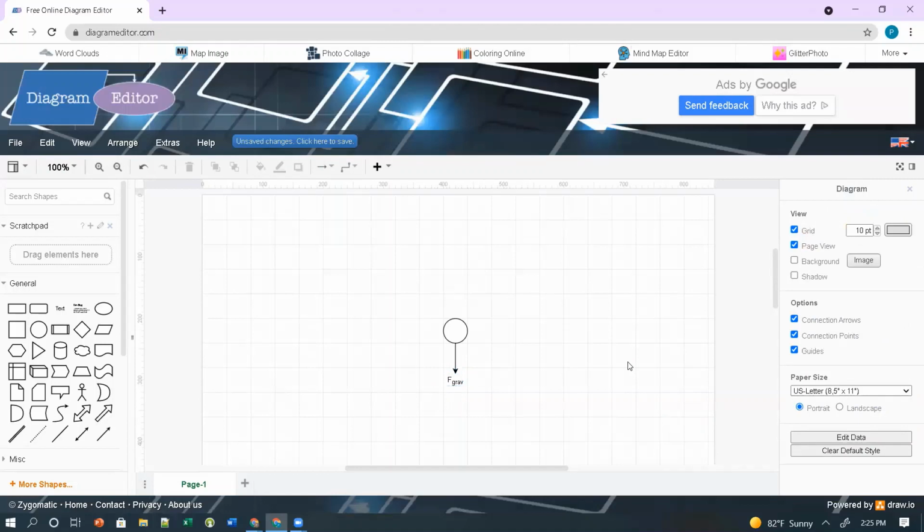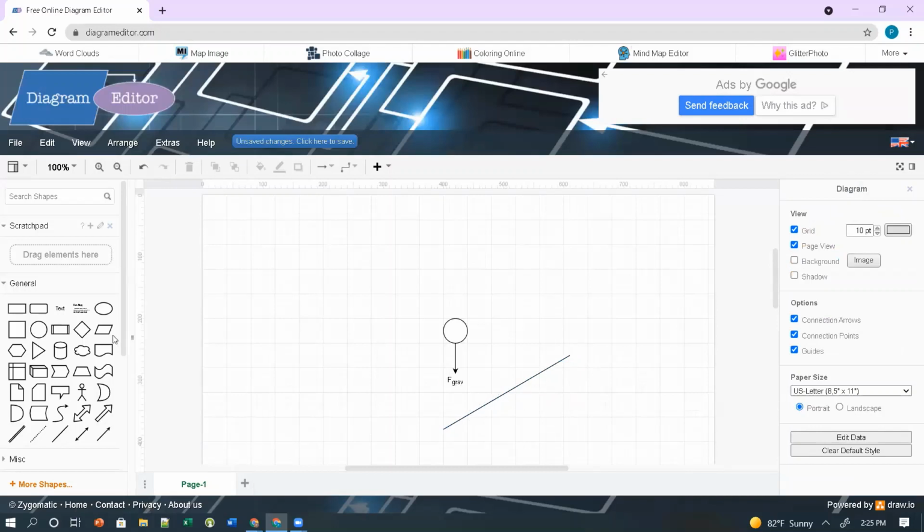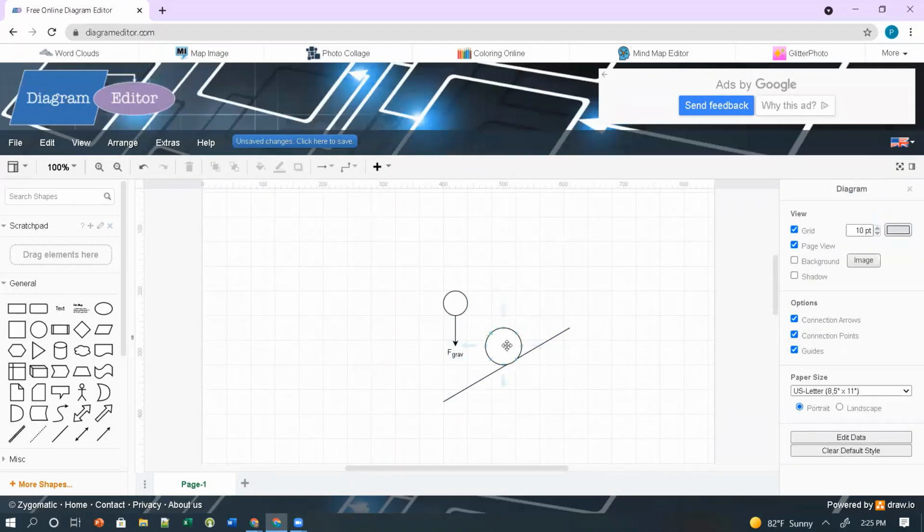So now we know that the ball is rolling down an incline. So for the second question, what is the object in contact with? We know that the ball is in contact with the incline. So there will be a normal force. But what we have to keep in mind for the normal force is that it always acts perpendicular to the surface. So if there is an incline like this, and the ball is rolling down, the normal force is going to be perpendicular to the surface.